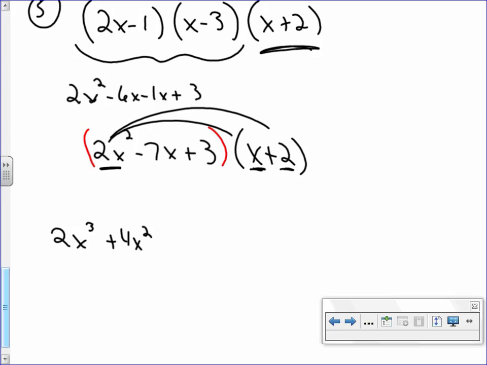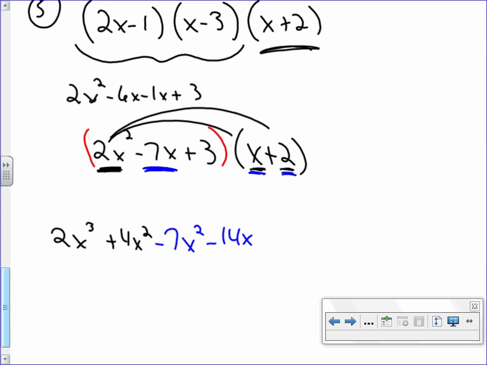So that piece I'm done with. And now I'm gonna go over and I'm gonna work with the negative 7x. Okay? And I'm gonna say negative 7x times x. Negative 7x squared. Then I'm gonna say negative 7x times 2. And that's gonna give me negative 14x.